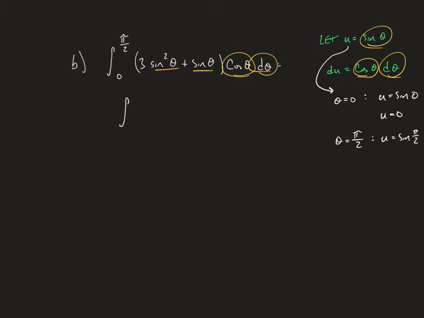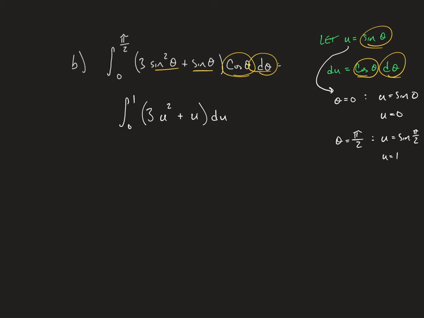The y-coordinate of pi over 2 is 1, so u is equal to 1. So now I'm integrating from 0 to 1 of 3u squared plus u du. And that's what I get once I've substituted all of my components.